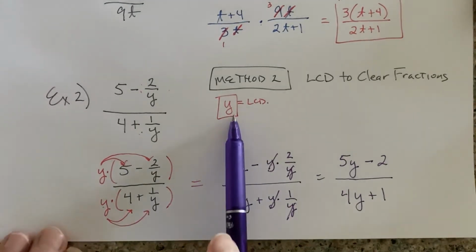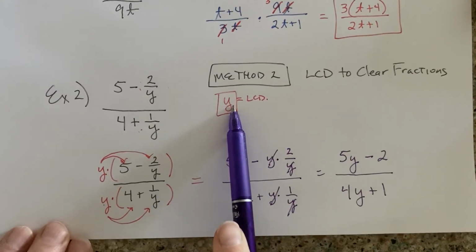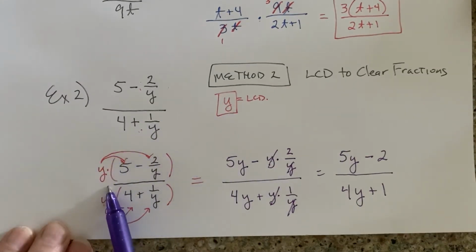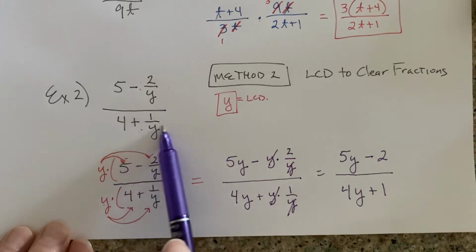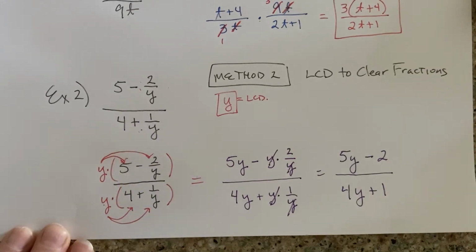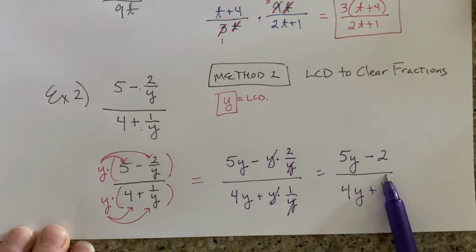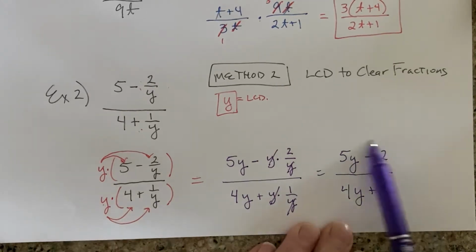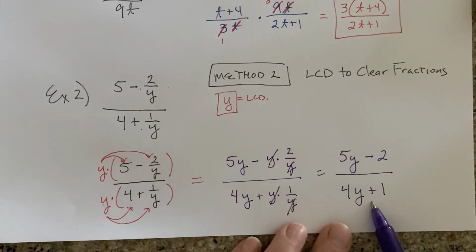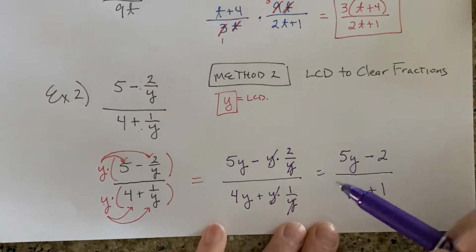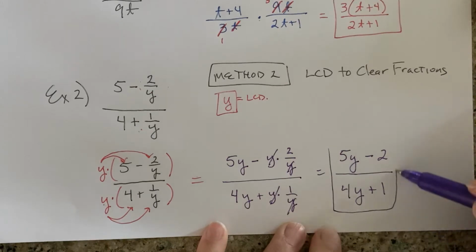So the whole idea behind multiplying by the LCD is that any denominator in the complex fraction is going to cancel out. Now, once I get here, I would double check to see if there's any more simplifying I can do by factoring, and there is not, so I'm done.